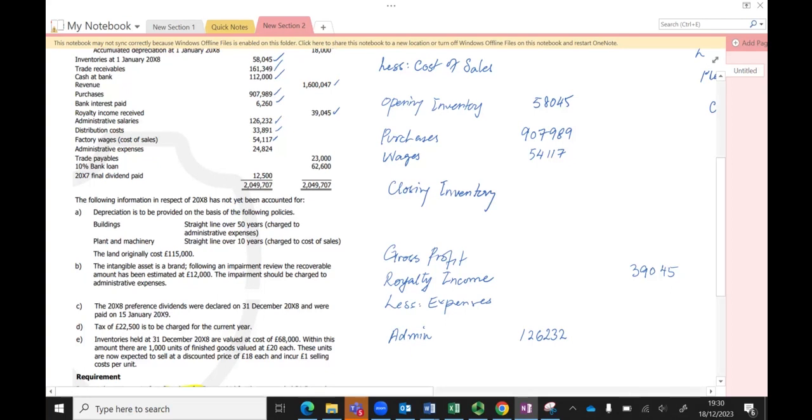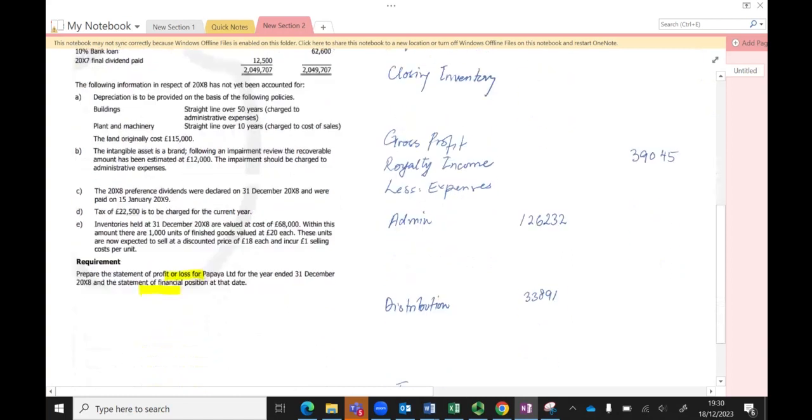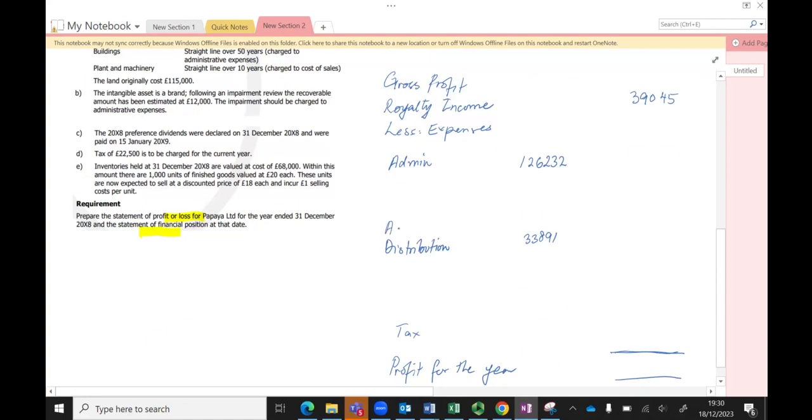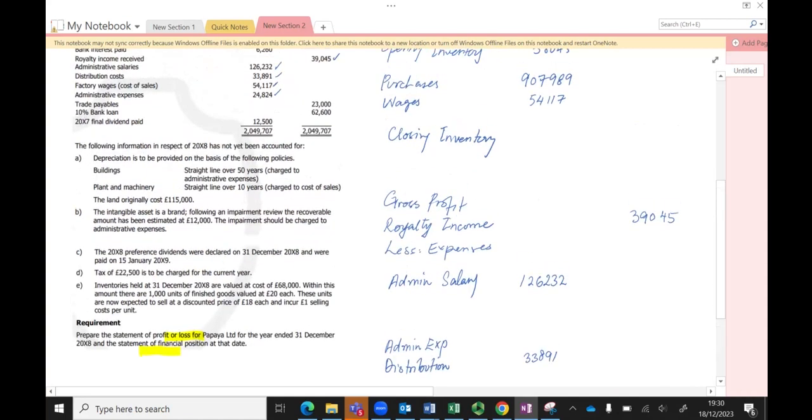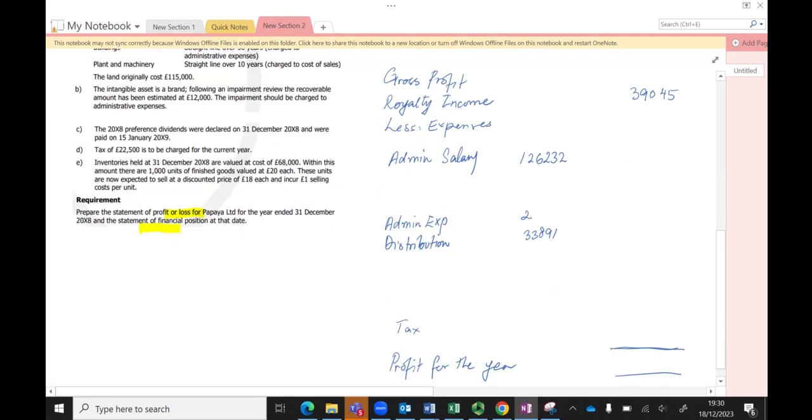And then we have administrative expenses, 24,824, that was salary.